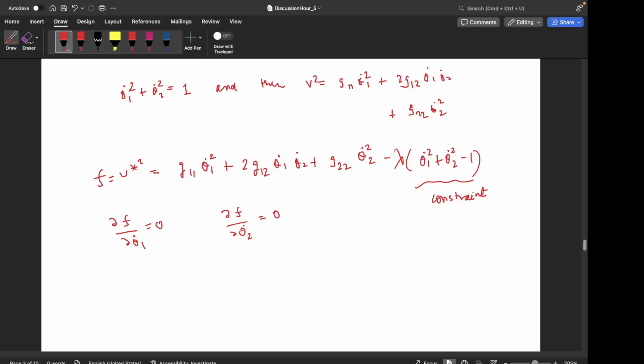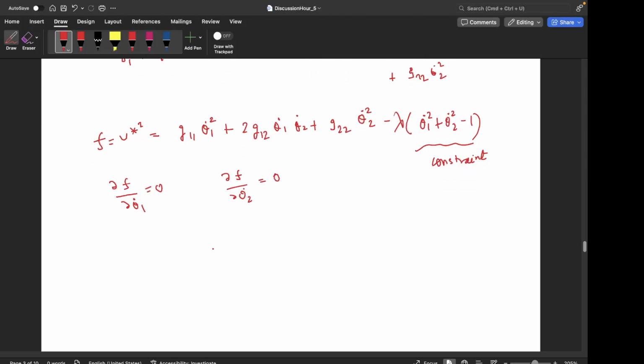So what we finally get is del F by del theta 1 dot, whatever the value of lambda, solving this, we get lambdas, right?